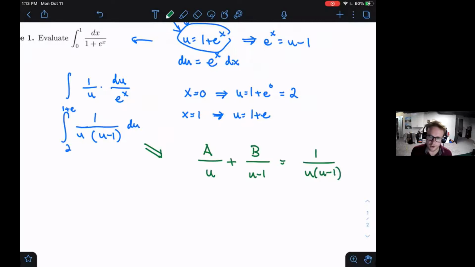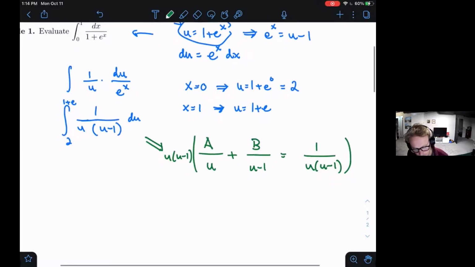And so in order to find good a and b values so that these are equal functions, I'm going to multiply through by the LCD, the lowest common denominator, u times u minus 1, across the entire thing, all the terms, both sides of the equation. When we do that, in the first term the u's would cancel out, on top and on bottom, and we'd have a, and the u minus 1 does not cancel out.